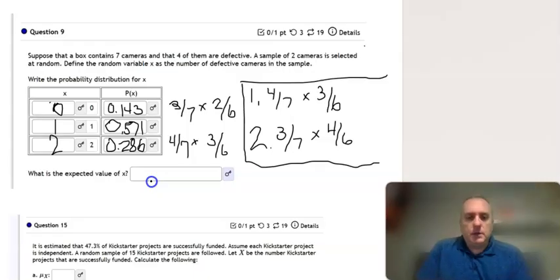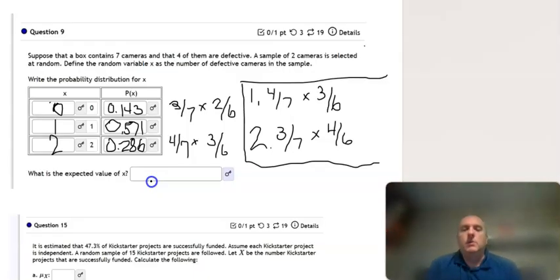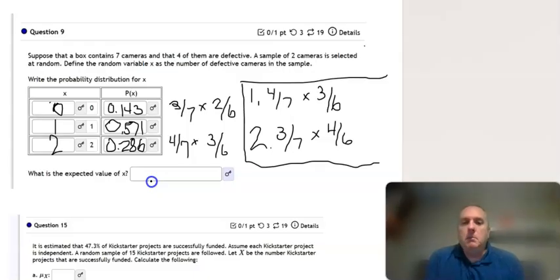All right, the last question on number 9 is what is the expected value of x? So this is basically asking for the mean of the probability distribution. The mean of the probability distribution is basically asking, in the long run, if we keep repeating this probability experiment over and over, like we have the 7 cameras, we take 2 out, we see how many defective ones we have.